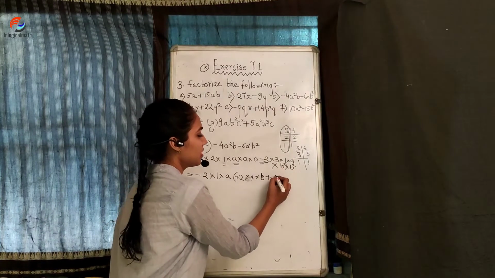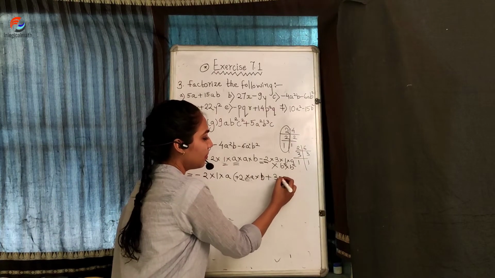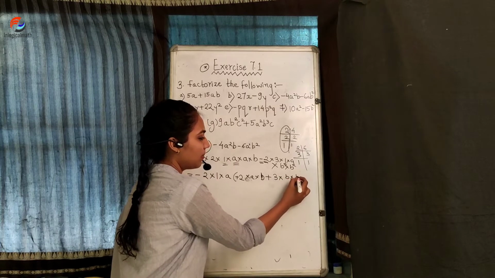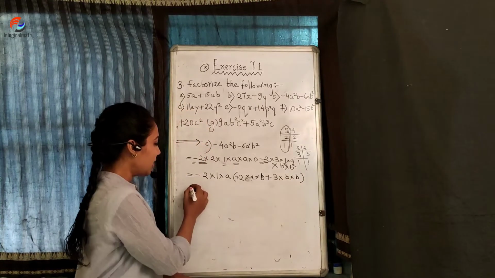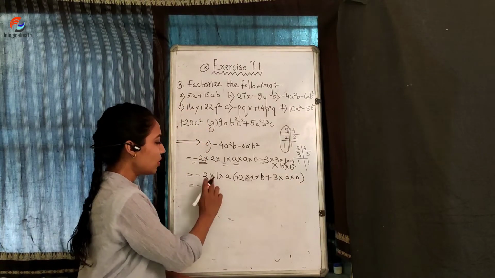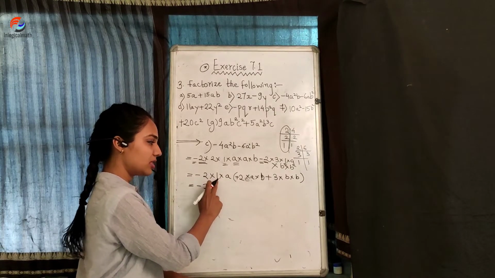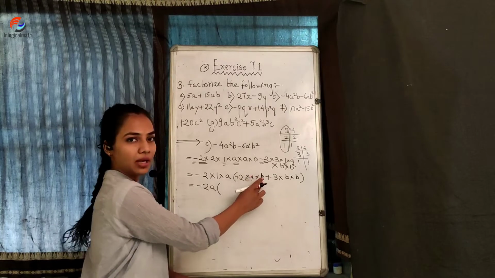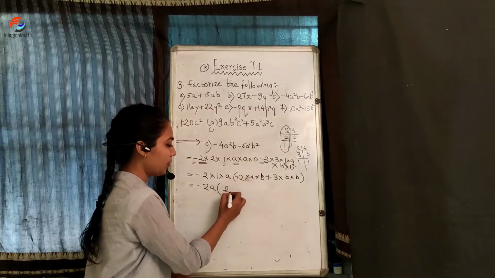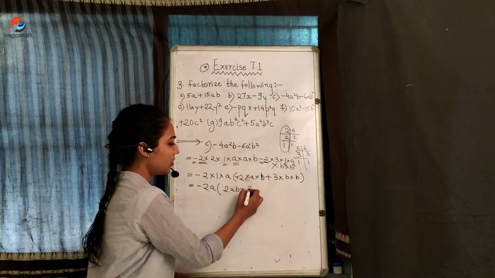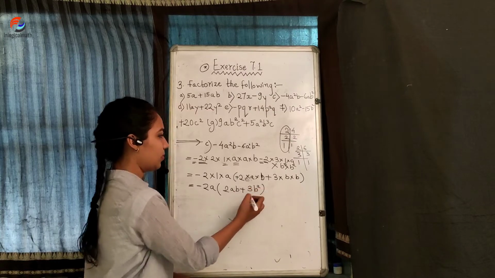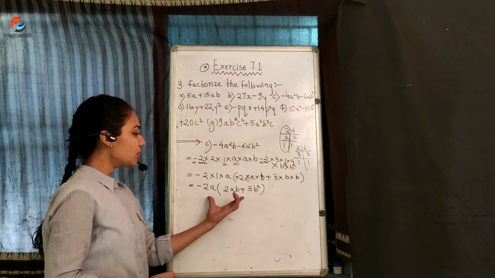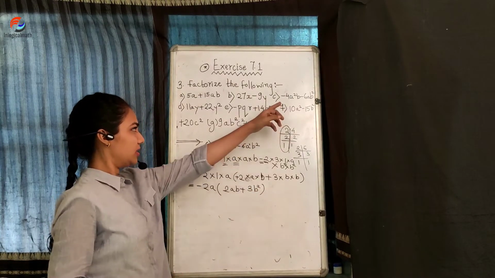So here plus, so what is remain? 3 multiply b, bracket complete. Now minus 2 multiplication, 2 multiply 1 is 2, multiply a is 2a, and what is remain? 2 multiply a multiply b is 2ab plus 3b square. Okay, so this is the factorization of this.